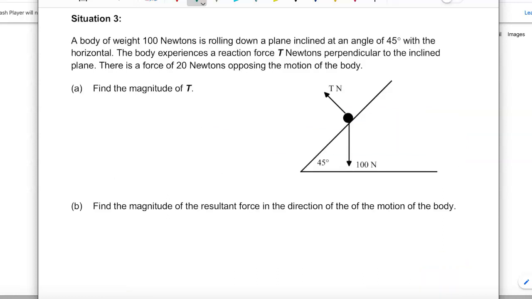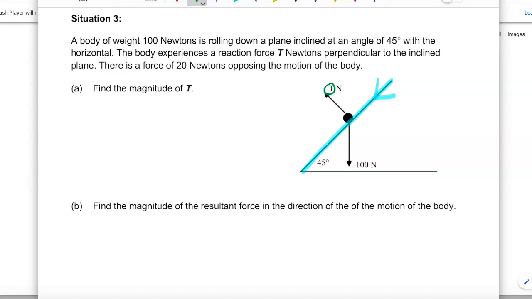So in situation 3, we have a body of weight 100 newtons rolling down a plane. So this is where we're not on the ground. It's rolling down a plane inclined at an angle of 45 degrees with the horizontal. The body experiences a reaction force, and we're going to call it T, newtons.